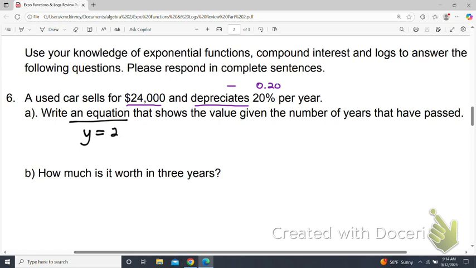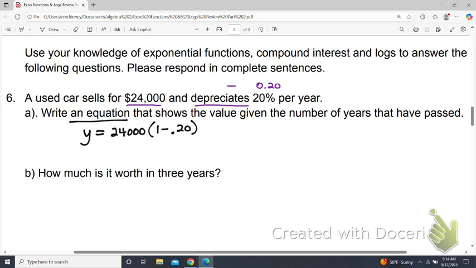And then our 24,000, our 1 minus, and you could put 0.20 or you could just put .20. Same thing as 0.20. We can leave off the 0 in the ones place. It's not going to change the value.